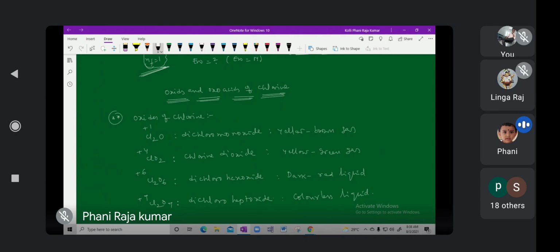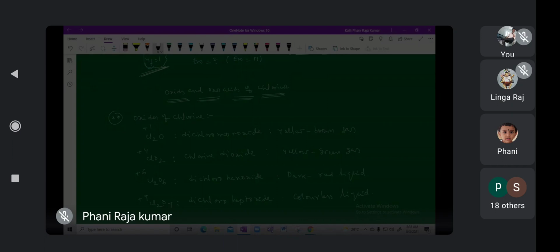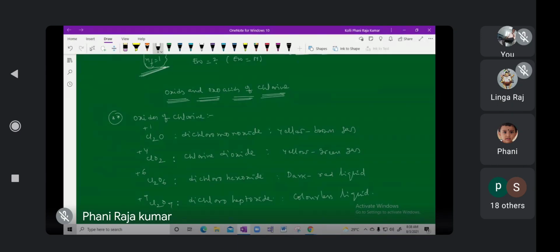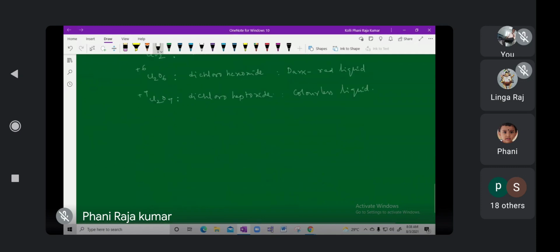In oxides of nitrogen, two colored compounds we have. One is NO2, red brown gas, and N2O3, blue color solid. Now here, in oxides of chlorine, two colored gases and one colored liquid are there. Yellow brown gas, yellow green gas, dark red liquid, and colorless liquid. The oxides of chlorine. Next.